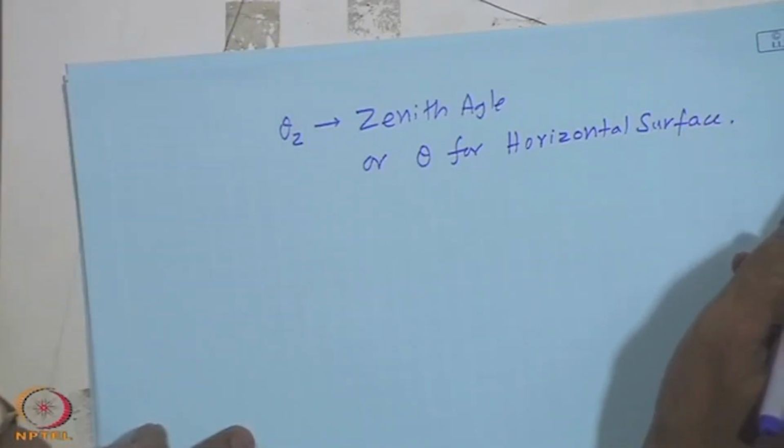Basically, zenith angle is nothing but the angle of incidence in general, if the surface had been horizontal.